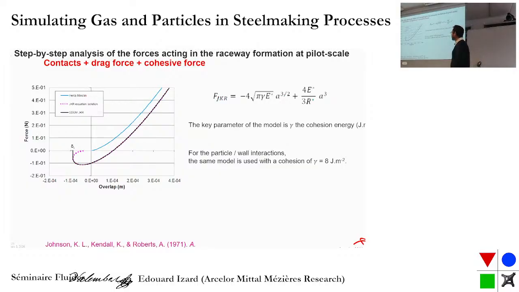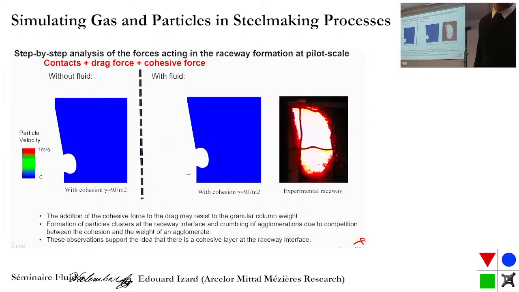So we have used the Johnson, Kendall, and Roberts model. And you see that at overlap 0, the force is negative. So it means that we have a cohesion force that tends to retain the particles between each other. And we impose also some cohesion at the wall with similar values as between the particles.